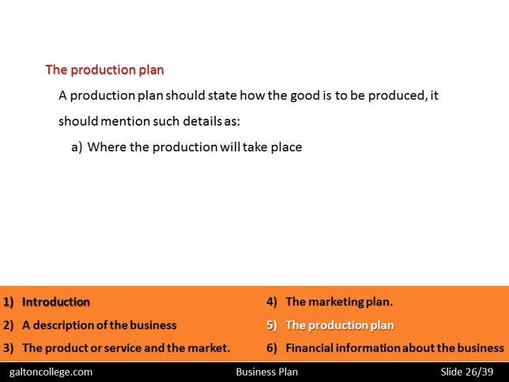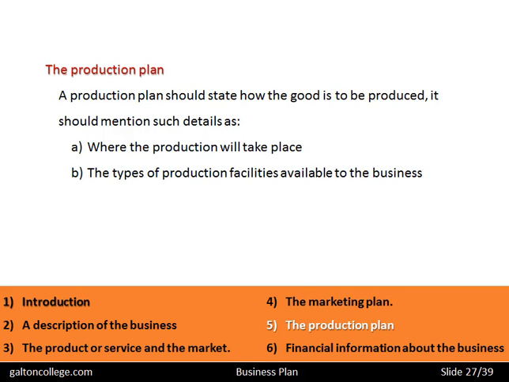Will any of it be outsourced? Will it be bought in? Will it be components brought in? What will be the buying strategy? Will it be just in time, or will it be bought into stores? And what's the store policy? How much will be held in stores? And so it should describe how the business will operate, where the production will take place.